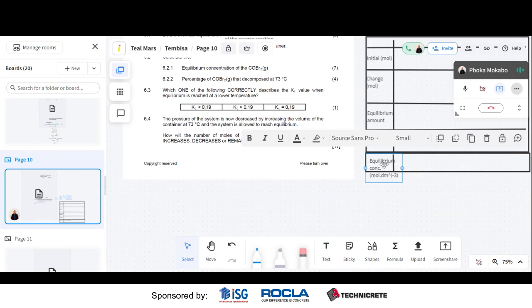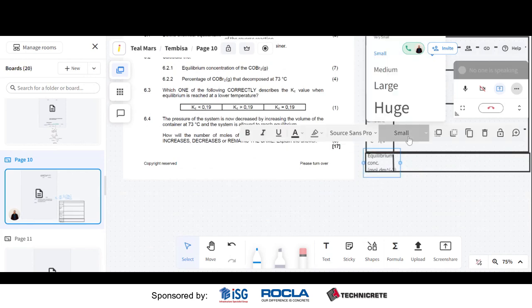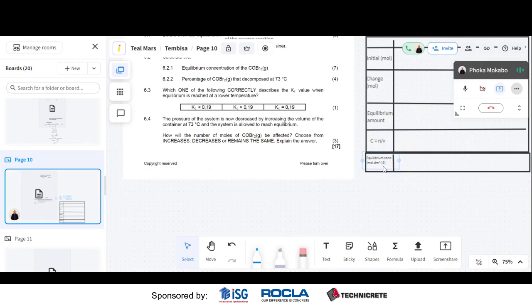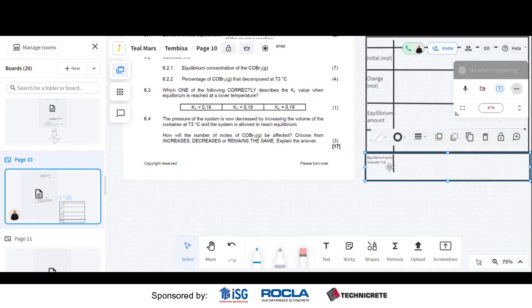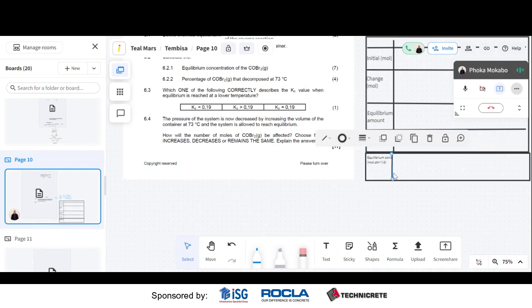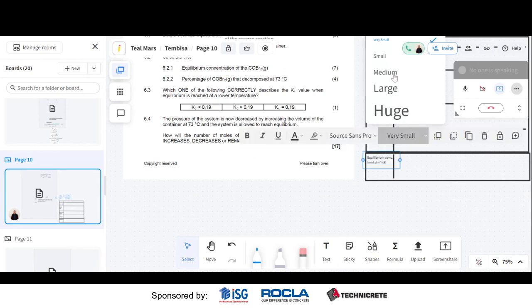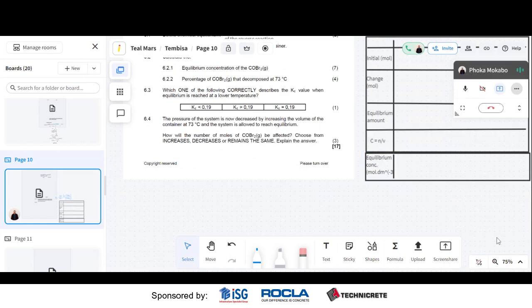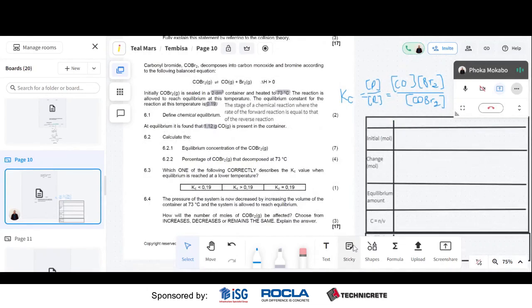But I hope you understand what it's actually supposed to look like. Let's give each other a bit more space. There we go. Cool. Time to add our formula.